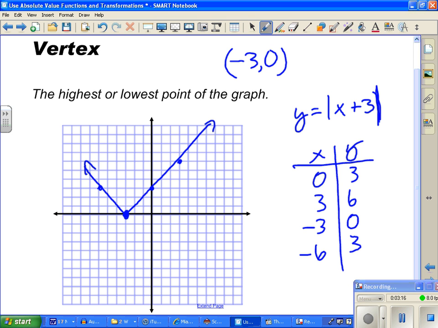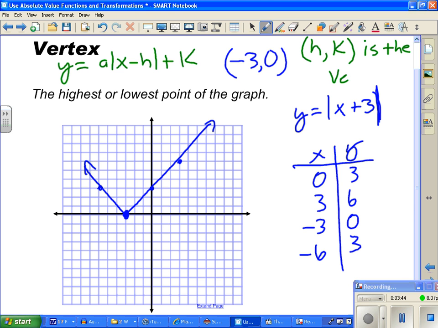Here's the trick. We have a form: y equals a times the absolute value of x minus h plus k. I hope that looks somewhat familiar. Looks a lot like point slope, doesn't it? But here's the nice thing. h, k is the vertex.